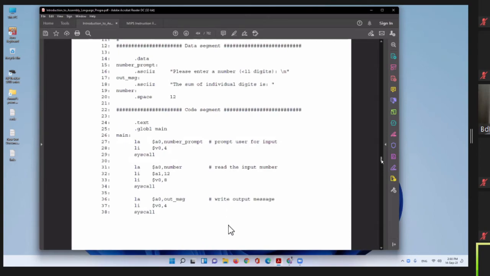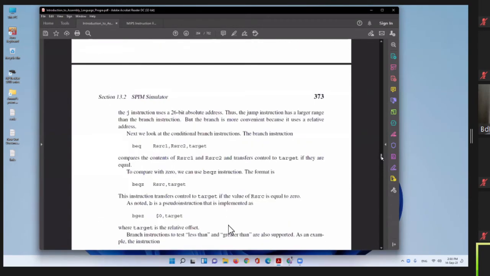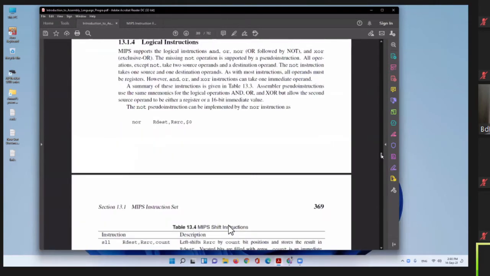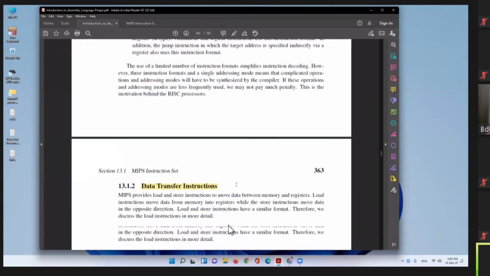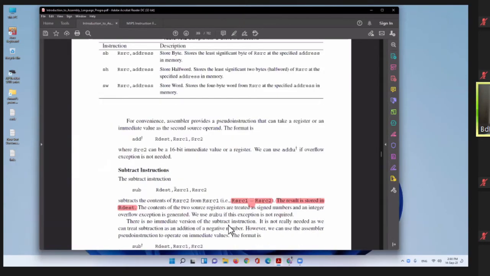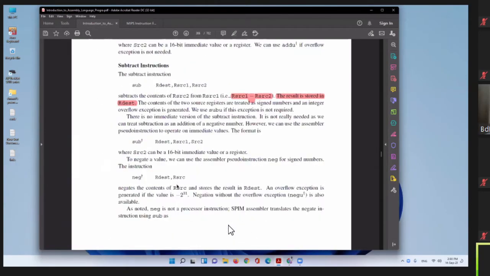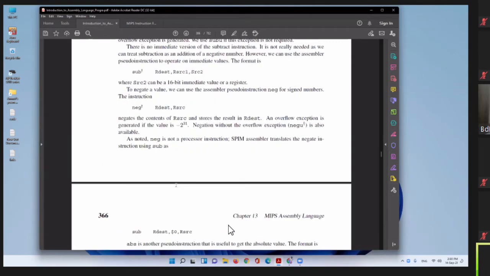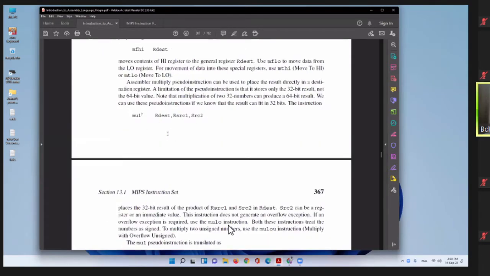So in addition and subtraction, we use source, but why not in multiplication and division? Look, source 1, source 2.